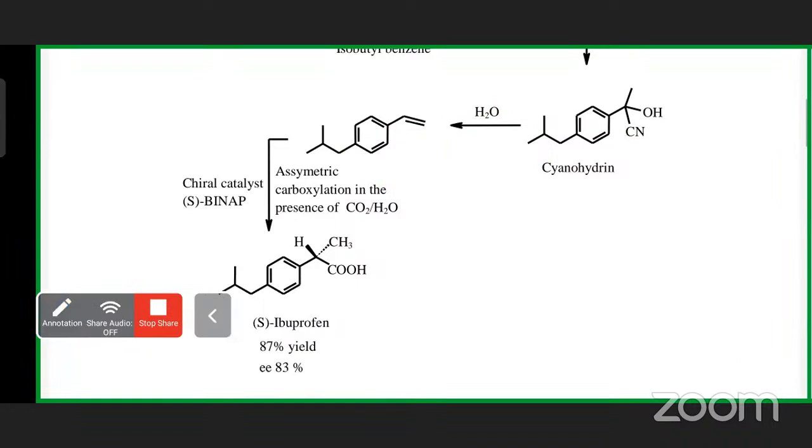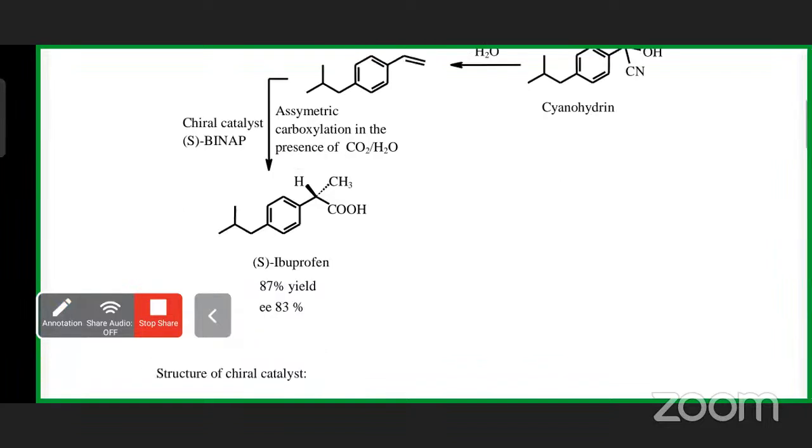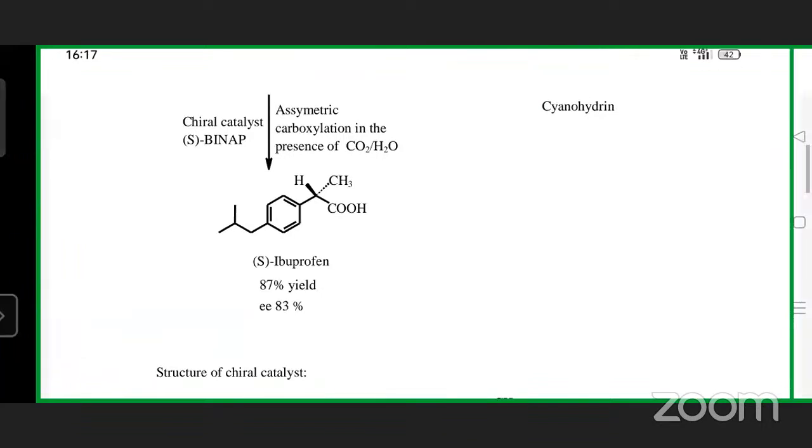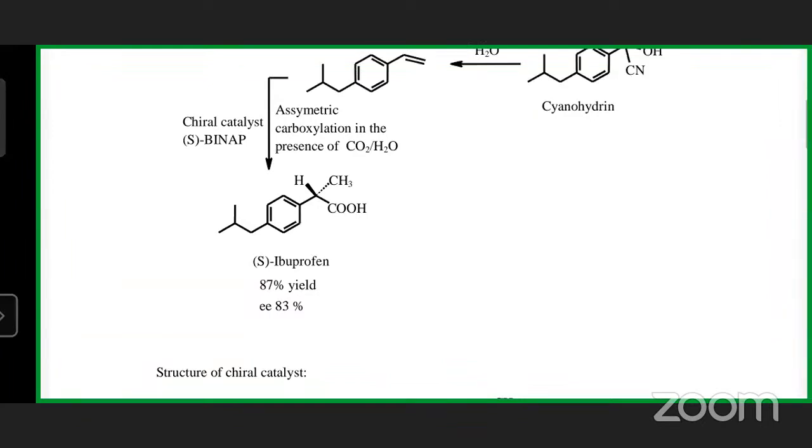Okay, so yes, by NAP. This is acting as a chiral catalyst. Need the S isomers. Then the asymmetric hydrogenation will form in the presence of this particular catalyst here, then the exclusive product.